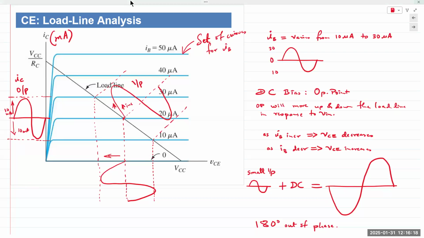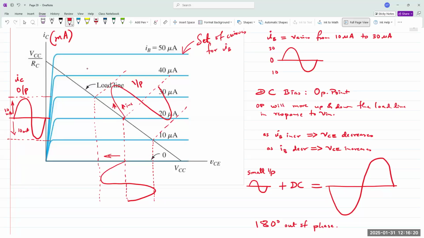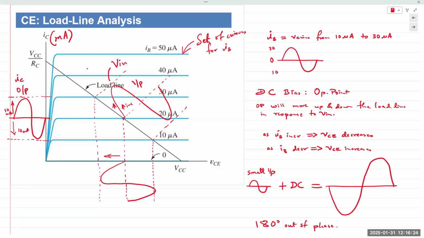Okay, I'll write this down here. Simply note it as max input gives us the lowest or the minimum value of the output voltage.